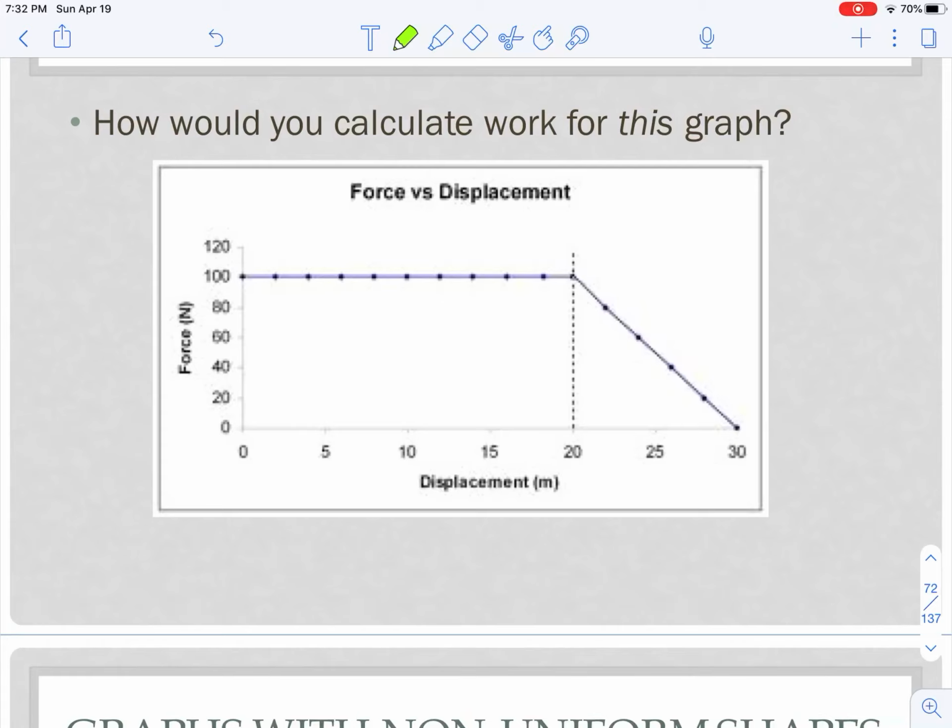If you have something where the force changes, simply we would multiply, because we need to have this distance entirely.